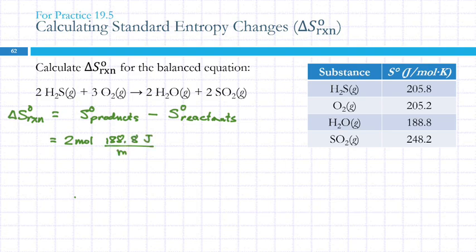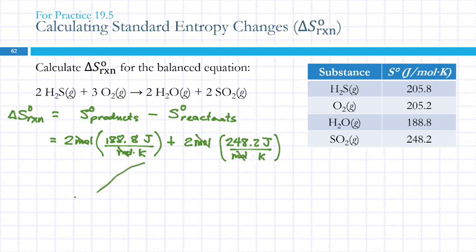Joules per mole Kelvin. Okay, so when we multiply that, the moles go away. And the other thing we have over here is we have 2 moles of SO2 in the gas state. So we're going to look up SO2, 248.2 joules per mole Kelvin.